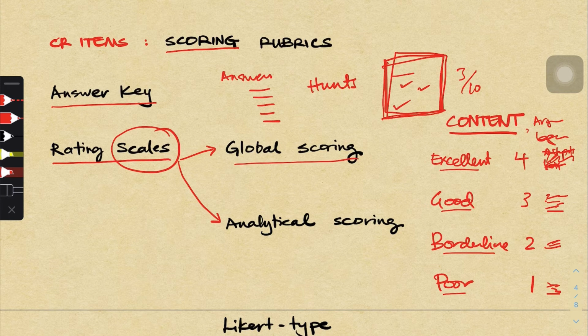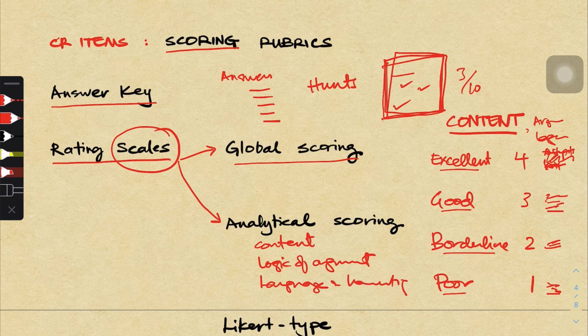But if you are directed to domains, for example the content, the logic of argument, the language and handwriting, so you have these domains, we call it analytical scoring.